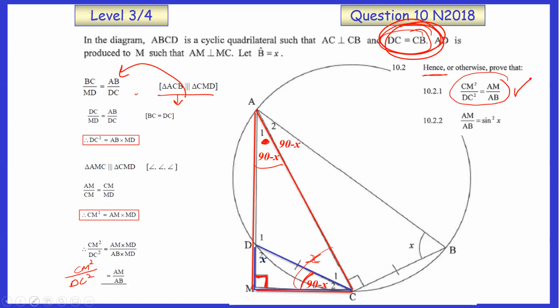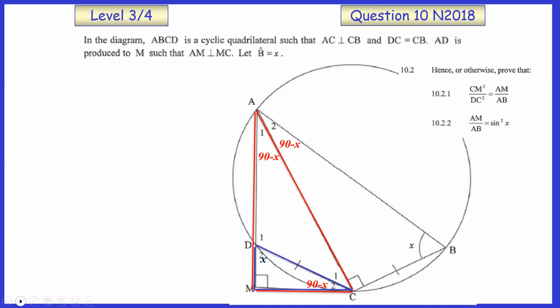Okay, that was a little bit of a high level question, so stay with me. Now, CM squared over DC squared is equal to AM over AB. Now look at the next question.